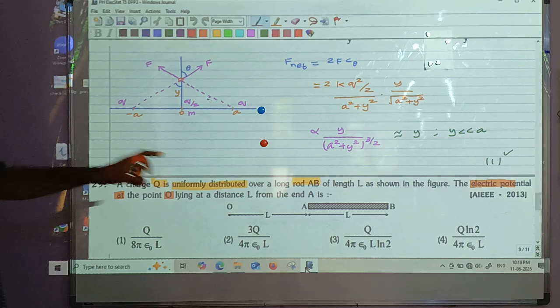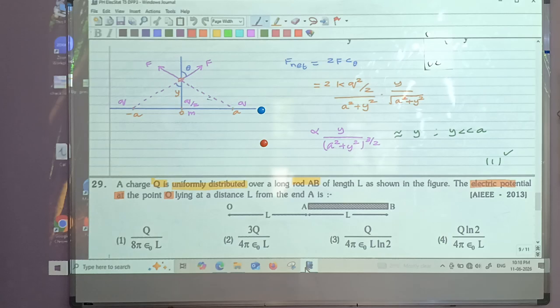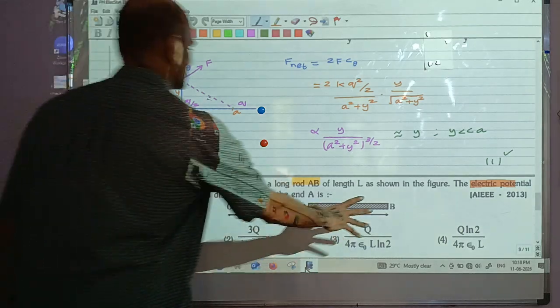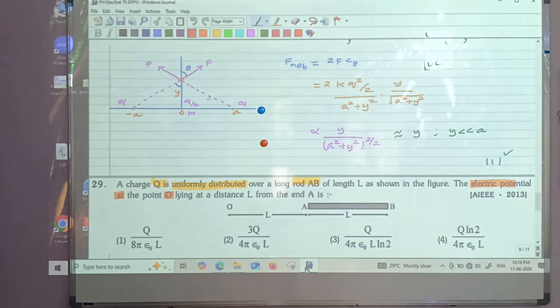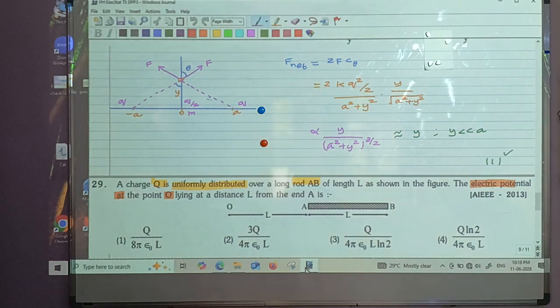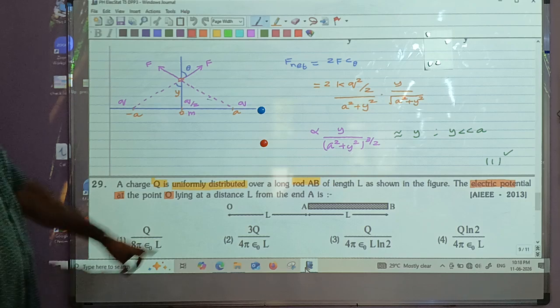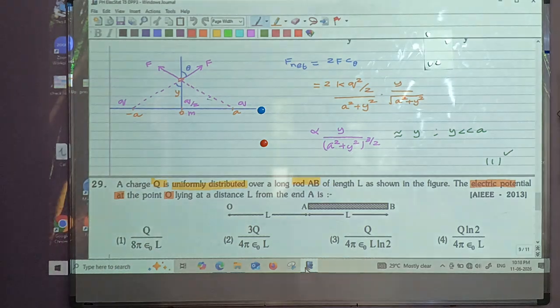The question particularly, you will match: the rod is this one, AB. We take only the left hand side of the rod. The figure has been given in the question, so you can use the figure in the question itself. So this is basically the superposition principle.